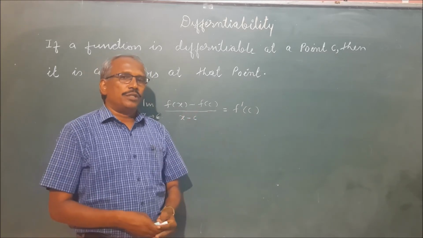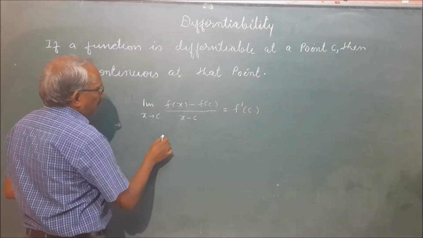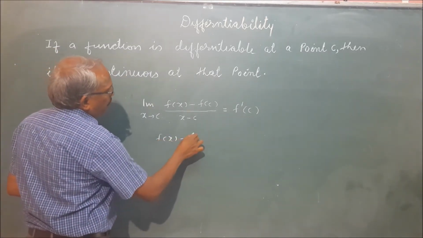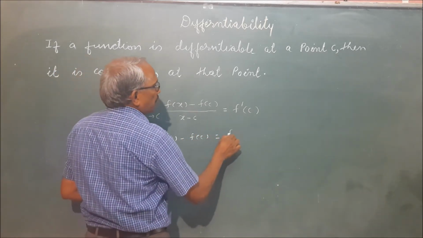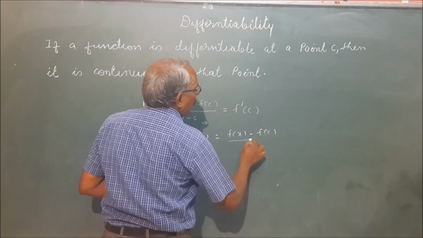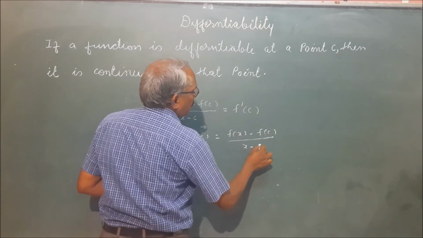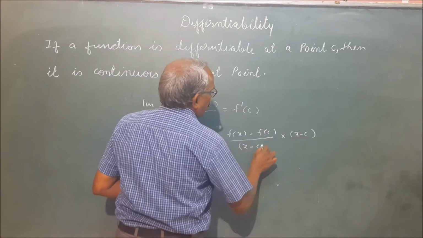That is what we want to show. So we see here f(x) minus f(c) can be written as [f(x) minus f(c)] upon [x minus c] into [x minus c].